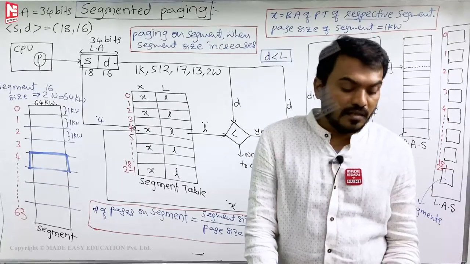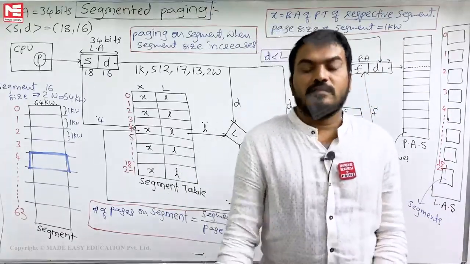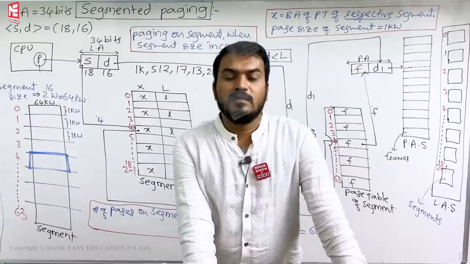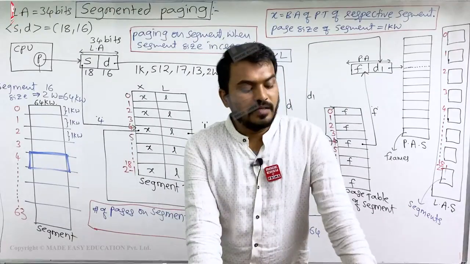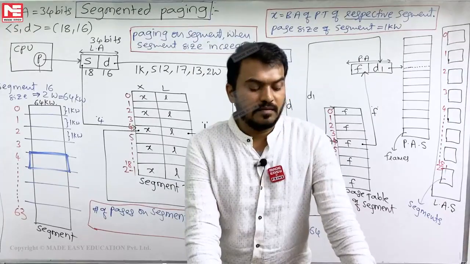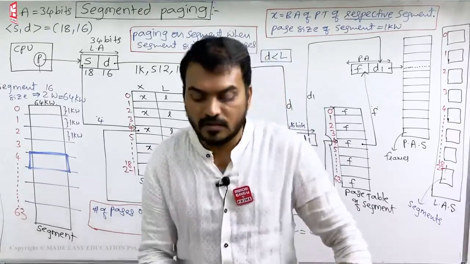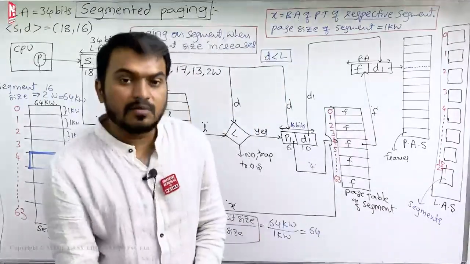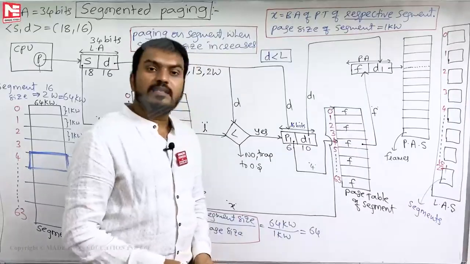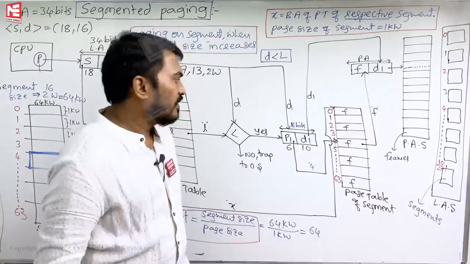Question number 3, page table size of segment. That's all. So 3 questions only. Please try to solve them carefully. I will wait 5 to 10 seconds in the live. So please pause the video.